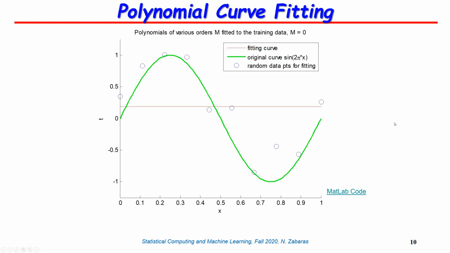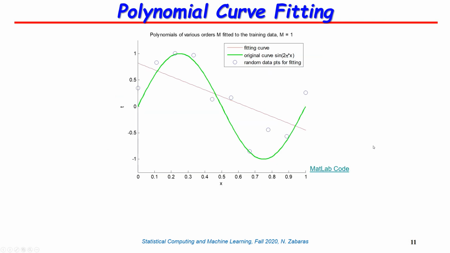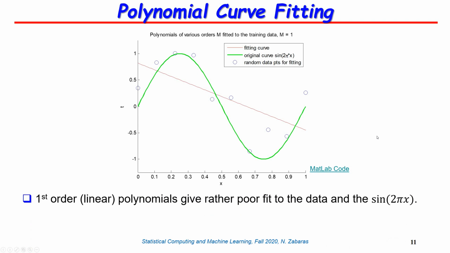If I try to fit a polynomial of order 0, so that's a constant basically, you realize that's a very bad fit. If we put a linear, a straight line, that also looks like a very poor fitting to these sine-generated training data points.